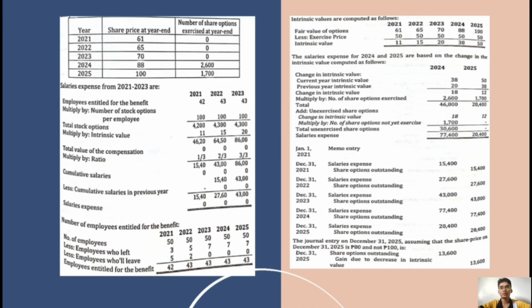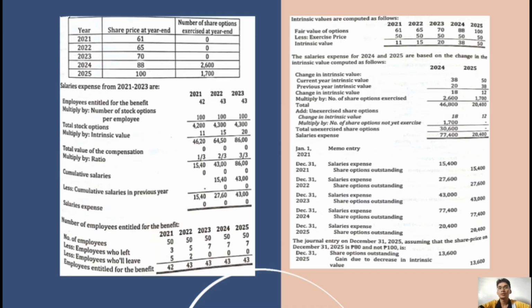Expense for unexercised options. For 2024, unexercised stock options also contribute to salary expense: change in intrinsic value multiplied by the number of share options not yet exercised. So for the year 2024, the 18 change in intrinsic value multiplied by 1,700 unexercised options gives a total of 30,600.